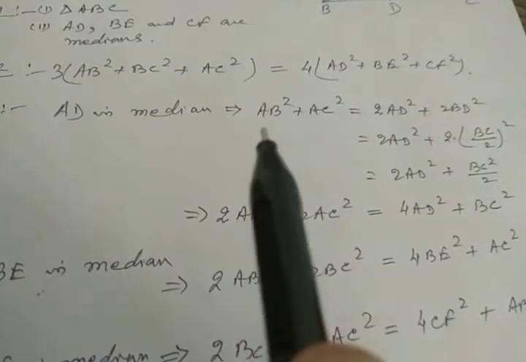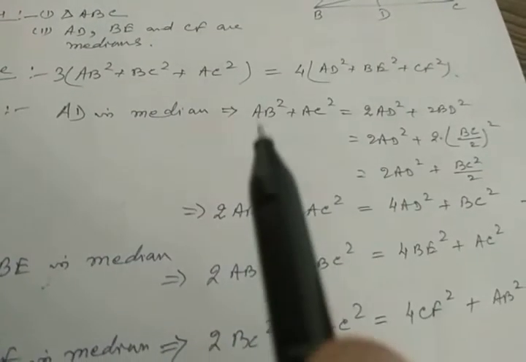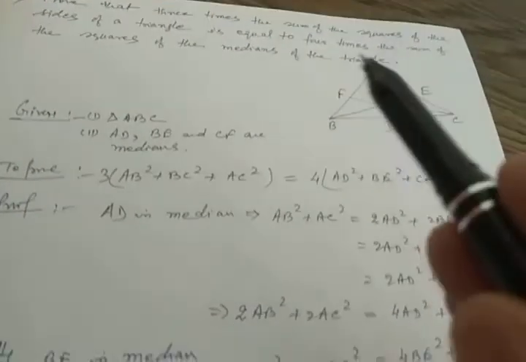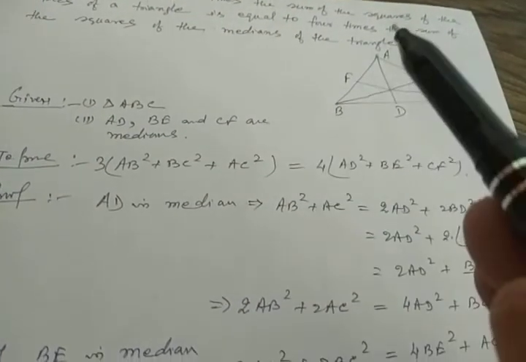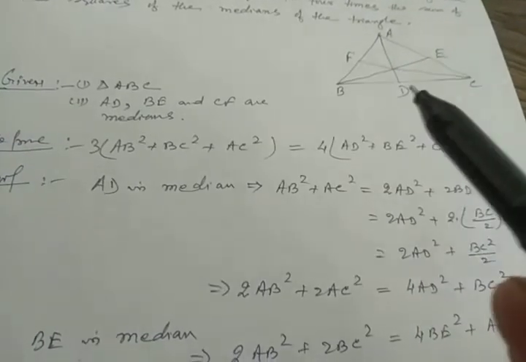So you have to remember this result. For median, AD is median, so AB square plus AC square is equal to 2AD square plus 2BD square.